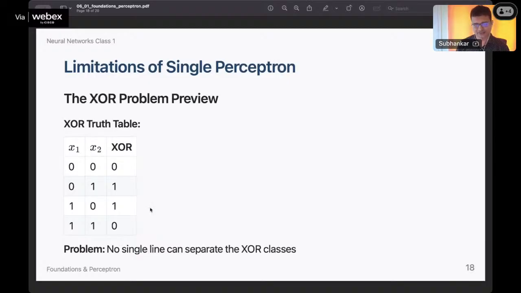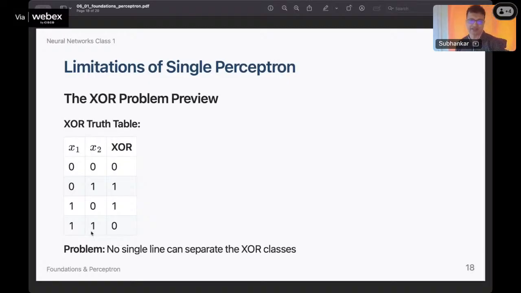So the idea is XOR. This is the table for XOR. If it's 0, 0, you get 0, and if it is 1, 1, you get 0. If at least one of them is 1, or they are not matching, then the output is 1. So this is your XOR.